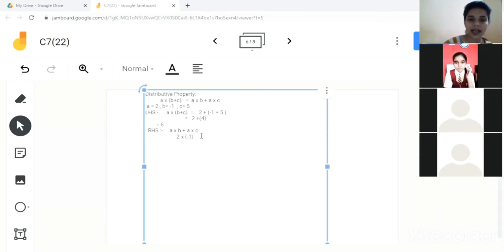Because of minus, we are putting bracket. Plus a is 2 multiplied by c is 5. 2 multiplied by -1 plus 2 multiplied by 5.